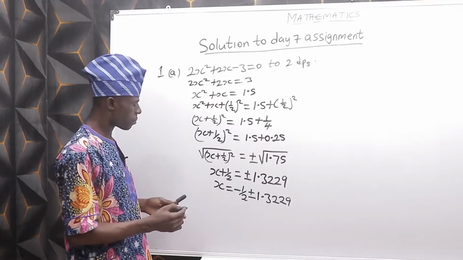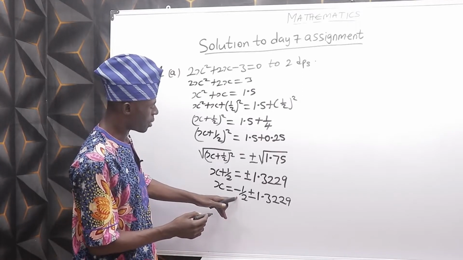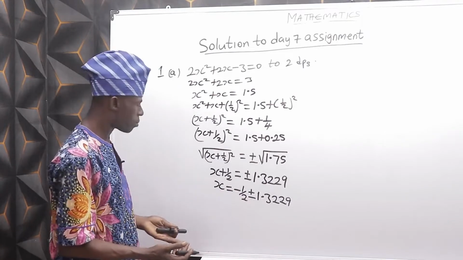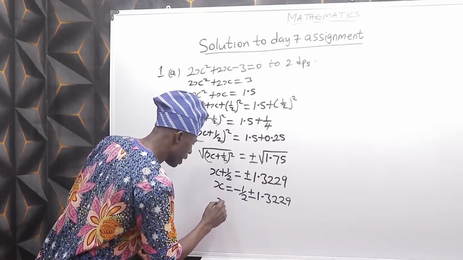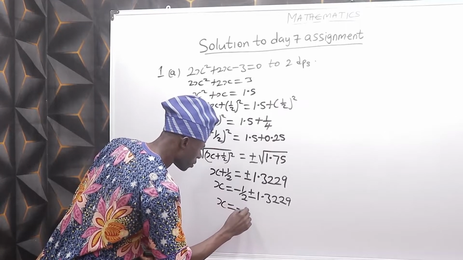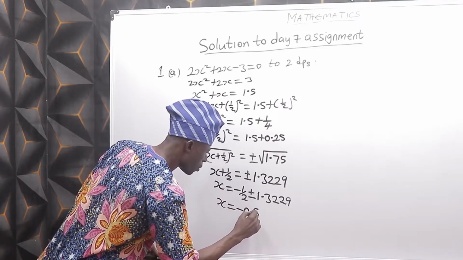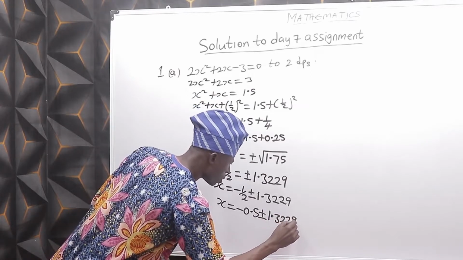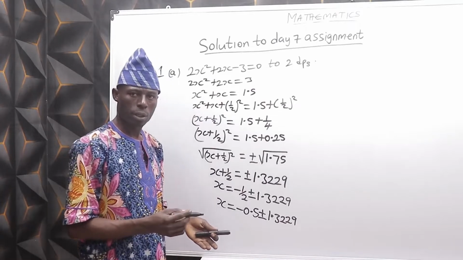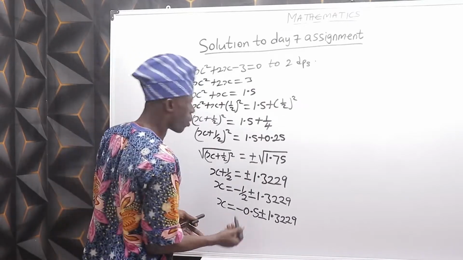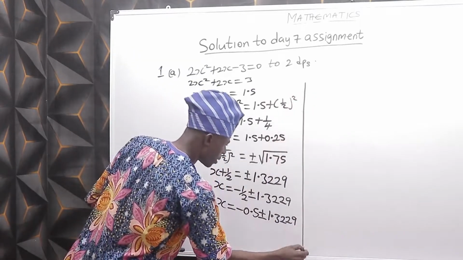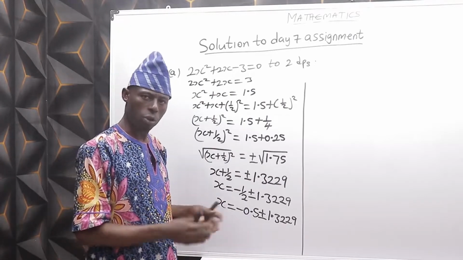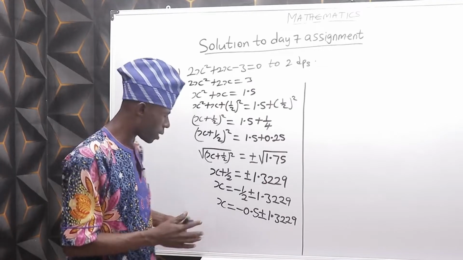Are you following? Convert minus 1 over 2 to decimal to be in the same structure. So you have x equals minus 0.5 plus or minus 1.3229. Is it clear? So from here, let me use this side. Take the double sign, that plus or minus, take them one after the other.